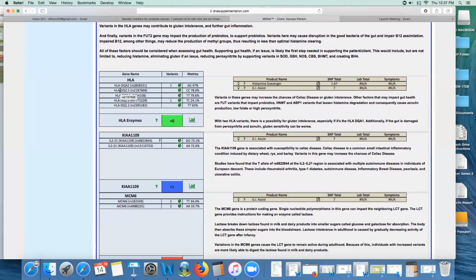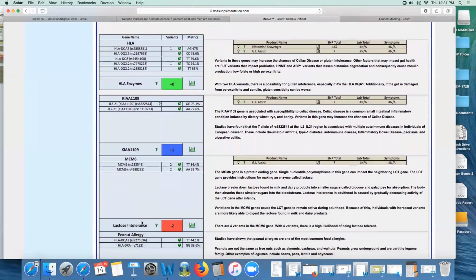Most of the genes we want to have a 0 or, as this report shows, a blank. If you have a 1, that gene isn't going to do its job quite as well. If you have a 2, it's not going to do its job even less well. Just because you have a 2 does not mean the gene's not going to work at all. It means that it's not going to do its job quite as well.